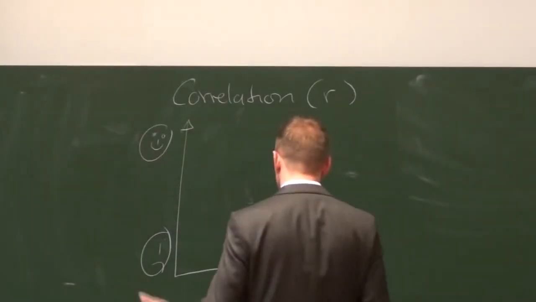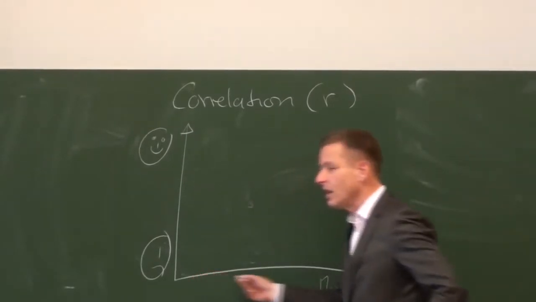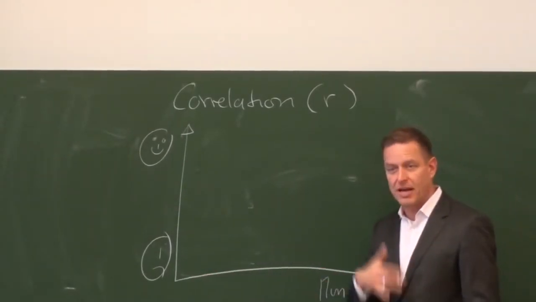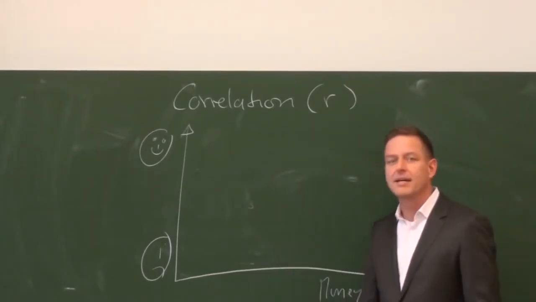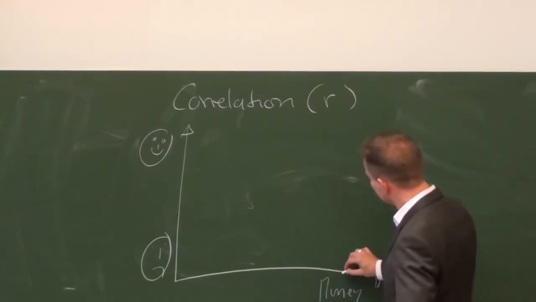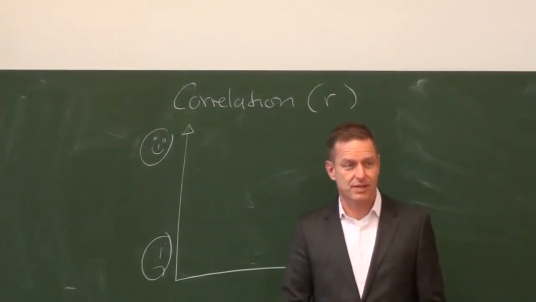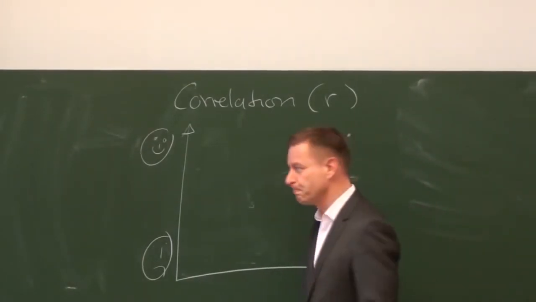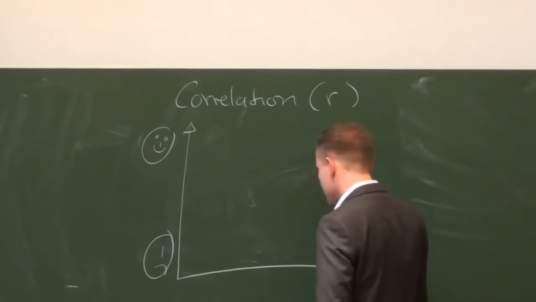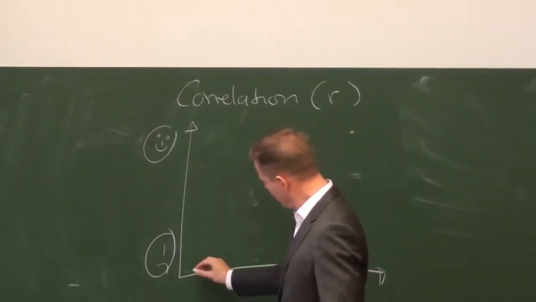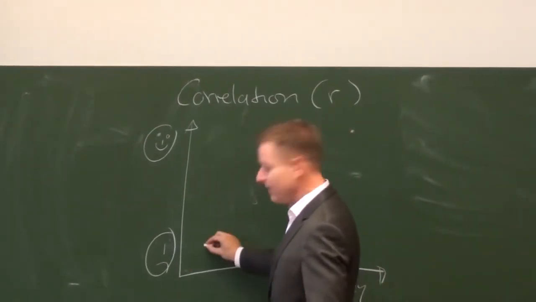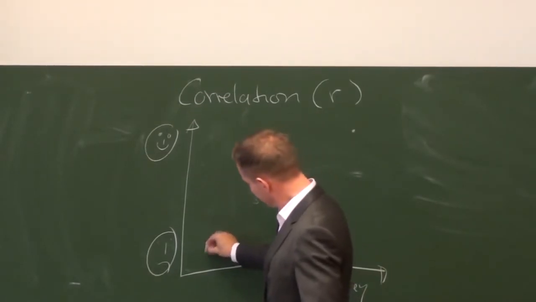But let's assume we ask somebody who has really a lot of money available every month for free spending. And this person really is happy. We assume that we have a test for measuring happiness. Okay? We have a person that has less money available, and indeed, is less happy.